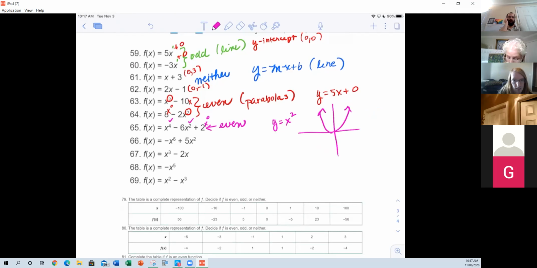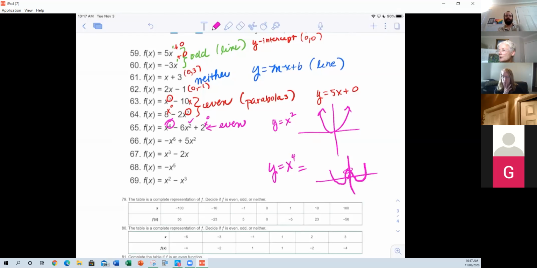Well, if you've got an x to the 4th, if it's 4th degree, it usually looks like a W. Now, a lot of times, this piece will flatten out and it still looks like a U, just depending.